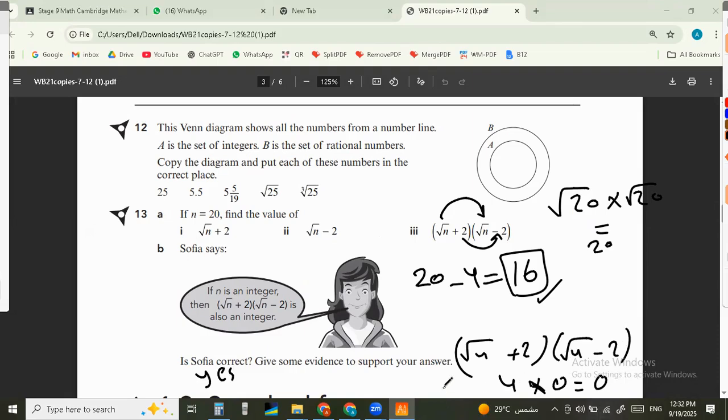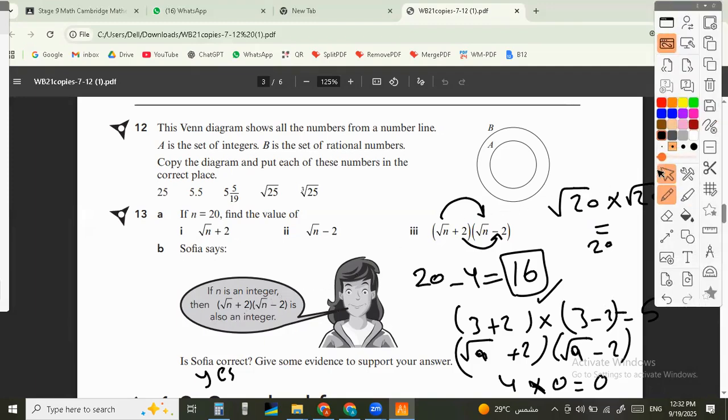It is still an integer. All right, even if you choose another number, square root of 9. So it's 3 plus 2, which is 5, times 3 minus 2, which is 1. So it is 5 times 1, which is 5. So will it always give me an integer? Yes, it will always give you an integer. That's it. Thank you so much and see you in another video.